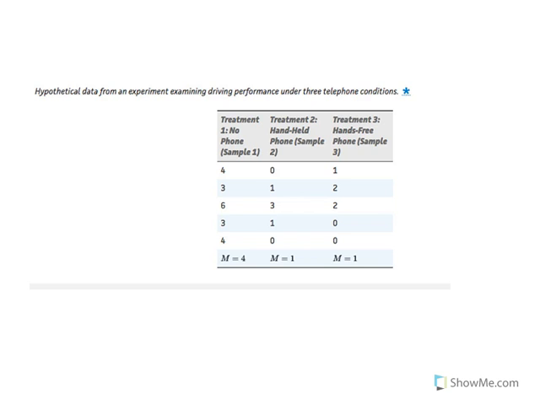So looking at the data in this table, we clearly see that much of the variability in the scores results from general differences between treatment conditions. For example, the scores in the no phone condition tend to be much higher, with a mean equal to 4, than the scores in the handheld condition, which has a mean equal to 1. And also the hands-free phone condition, which has a mean equal to 1.